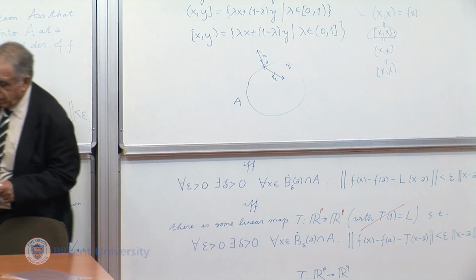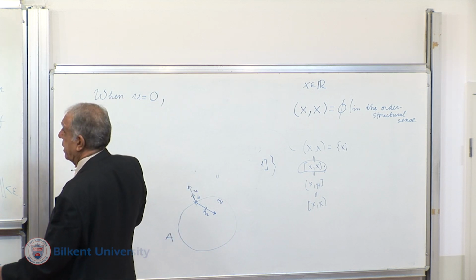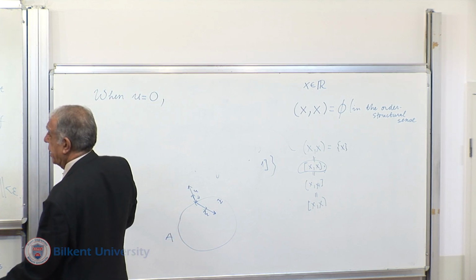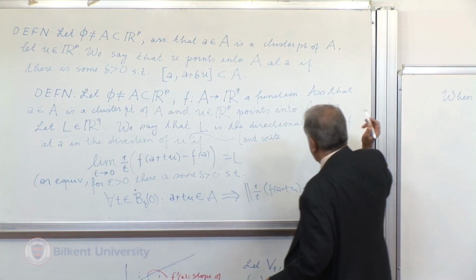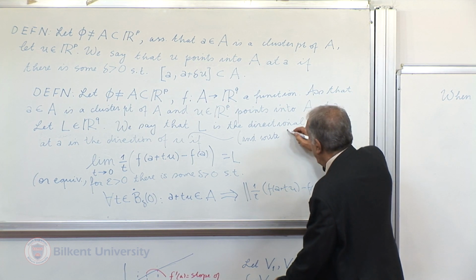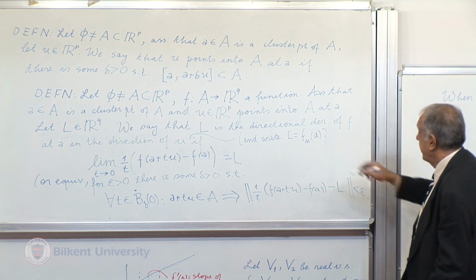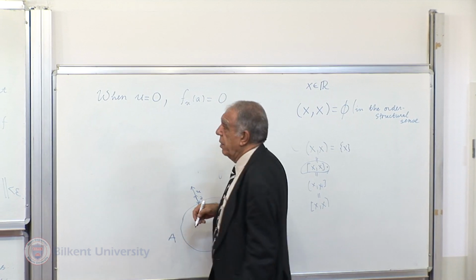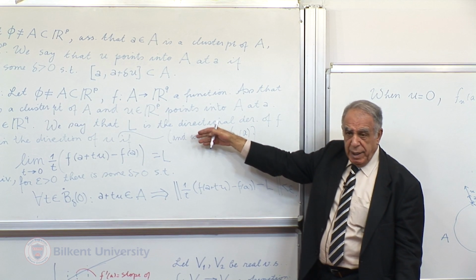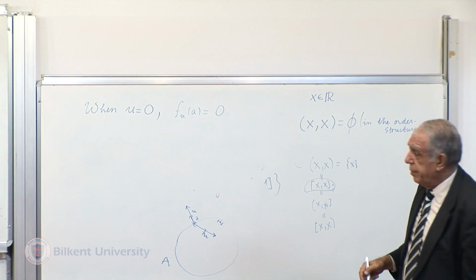So let me write down those. u is equal to 0. And well, here also, let me introduce a notation that will simplify what we'll be doing. Write L equal to f sub u of a. f sub u of a is 0 for all functions with these properties, and for all a satisfying the properties over there.